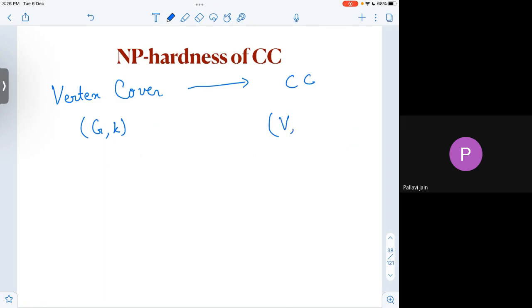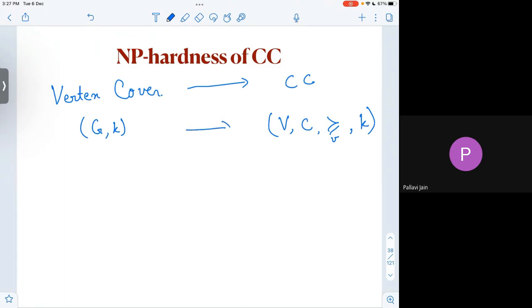Voters, candidates, and rankings for every voter, and K, the committee size.